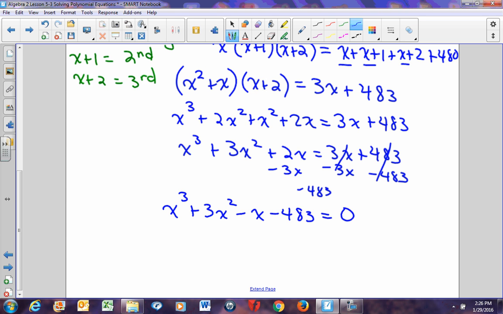Now, I need to graph this because that's going to be the easiest way to solve this. So I'm going to stick this in my calculator and I'm going to graph it. So let's put this in the graphing calculator here. X to the third power plus 3x squared minus x minus 483.